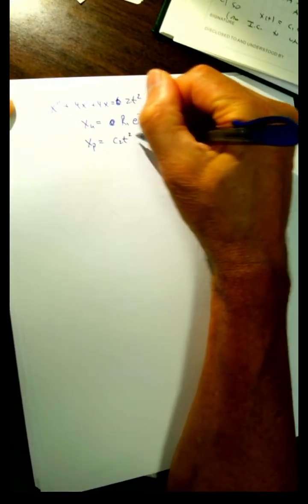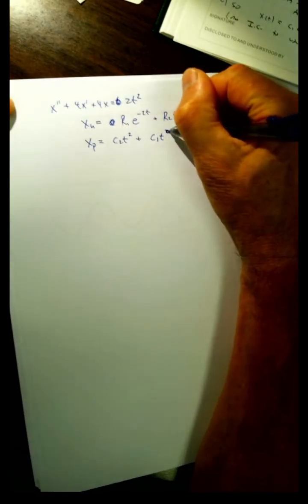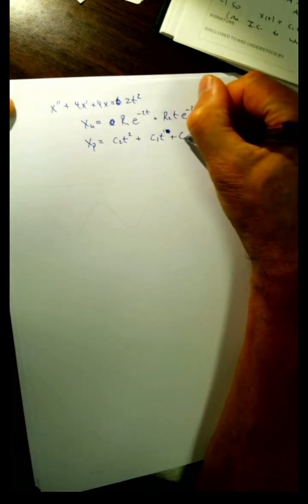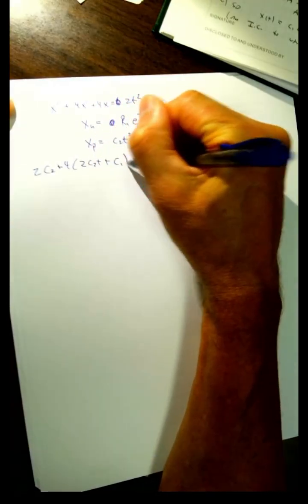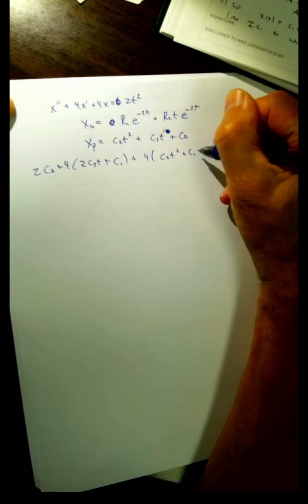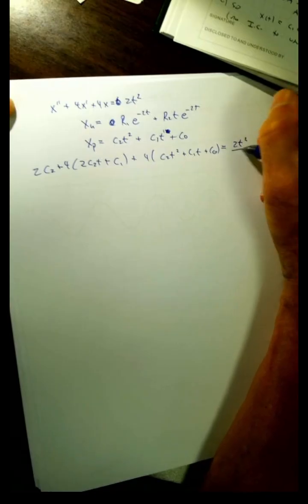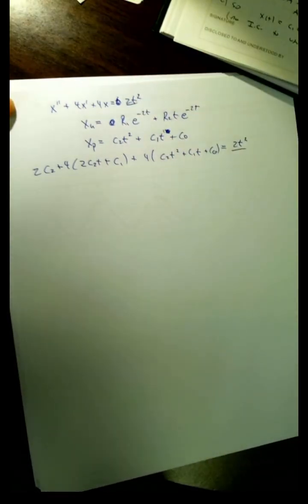I guessed a particular solution that looked like some kind of second order polynomial. I plugged it in and I got 2c2 plus 4 times 2c2t plus c1, plus 4 times c2t squared plus c1t plus c0 is 2t squared, and that comes from that right-hand term.